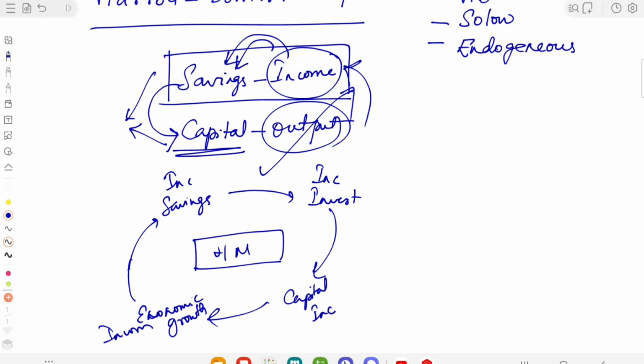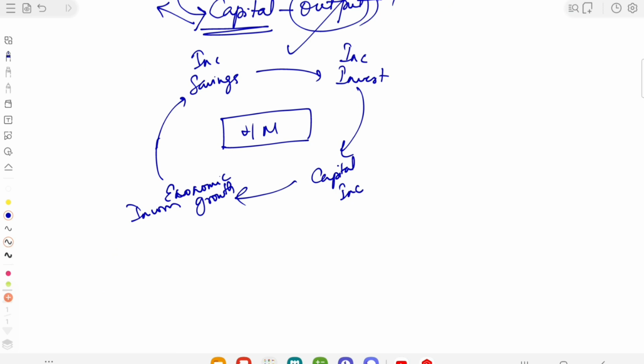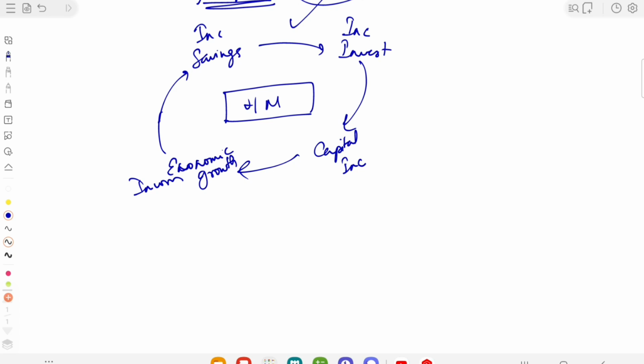The major assumptions is what was mainly asked, that is, what are the major assumptions of the Harrod-Domar model. In order for this model to work, what are the assumptions that Harrod and Domar proposed?